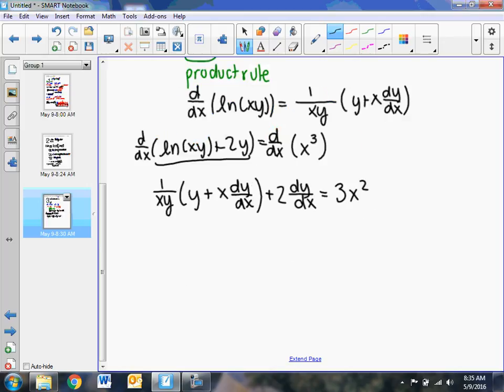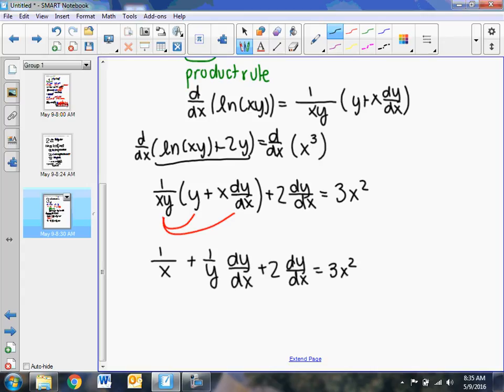Now I have to get all my dy dx's to one side and everything else to the other. So I'm going to distribute my 1 over xy into my parentheses. When I do that, I'm going to have just a 1 over x, and then I will have a 1 over y dy dx. Now, 1 over x has no dy dx's in it, so I'm going to subtract that to the other side.